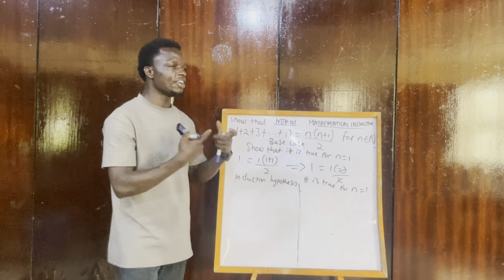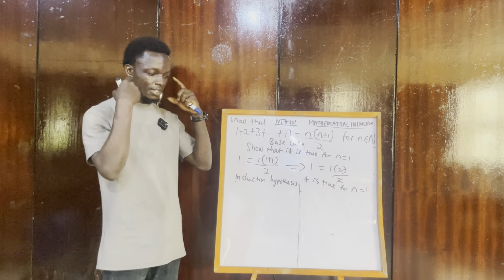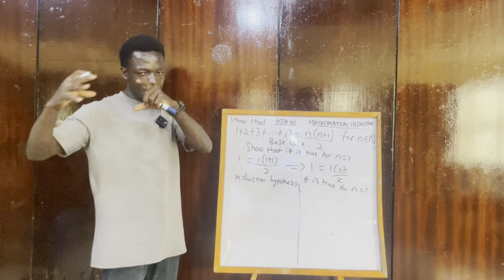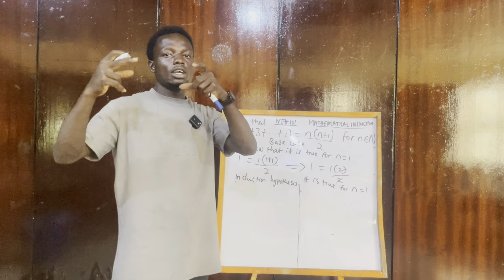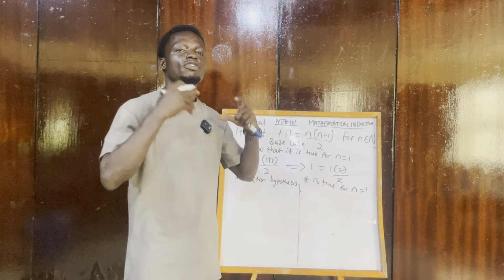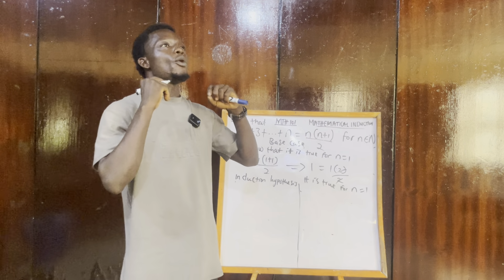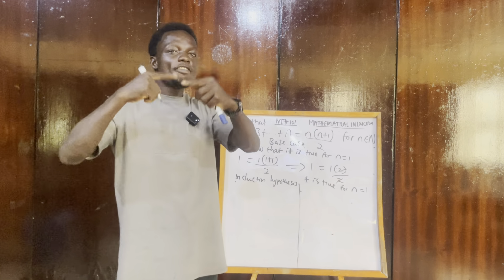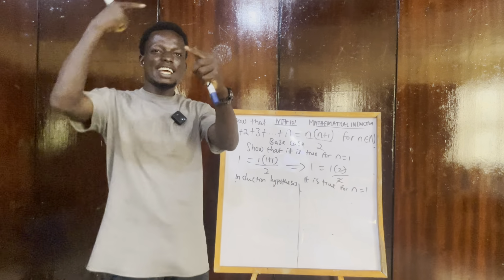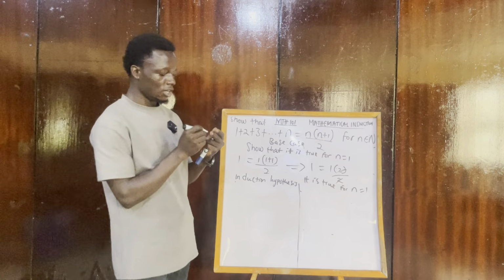That k can be a very big number. Like we are just assuming, let our n be a particular big number. If we are assuming that it's true for that big number, then we will conclude that it's true for all natural numbers if we can show that it's true for the next number after that big number.